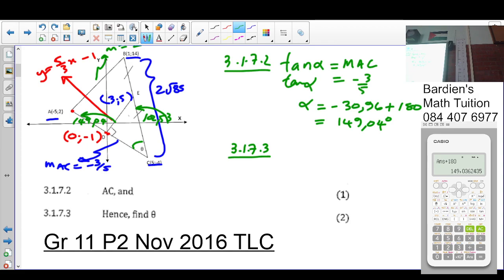Okay, so that's within a right angle triangle. It says hence. So hence I must use the previous calculations. So this is 102, so this angle here is also 102. Not so?